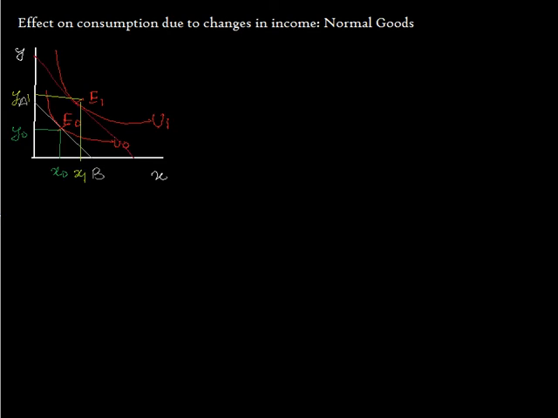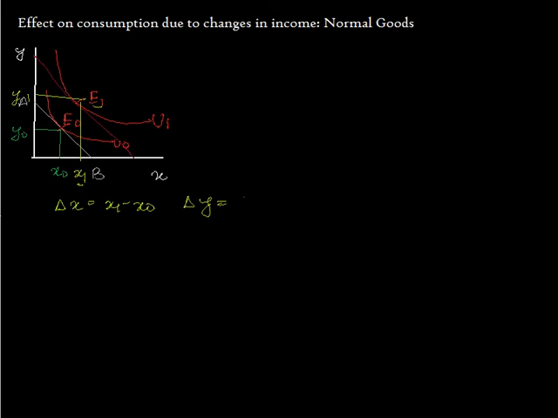As you can see, when income increases, your budget line shifted outwards, the optimal consumption point becomes E1, and you started consuming more of X. So what is the change in X? Change in X is X1 minus X naught. What is the change in Y?